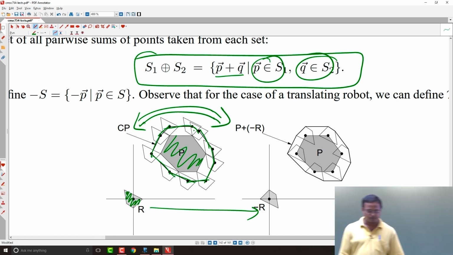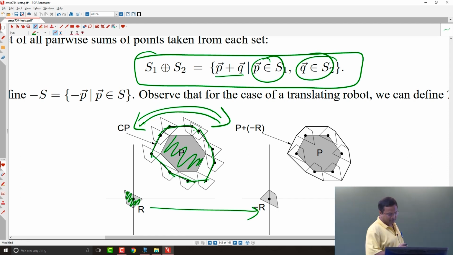The robot shapes will be convex. Yes, I am dealing with convex shapes, I have not yet said that they are non-convex. Fine. Okay. So, the point is, you can find somehow the forbidden zone corresponding to a polygon.